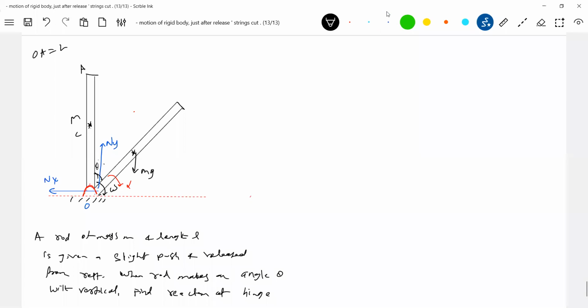Because all the time we have put only one rod. A particle of mass m is also attached. O is the midpoint of the rod.